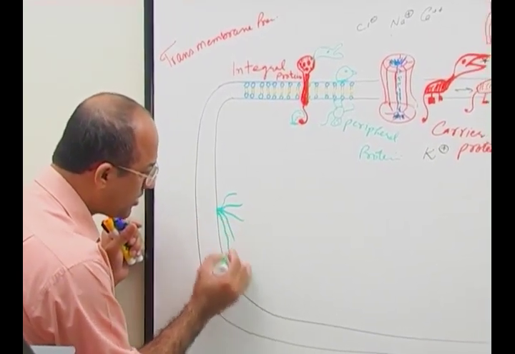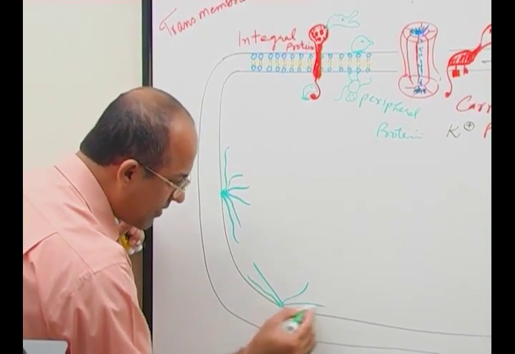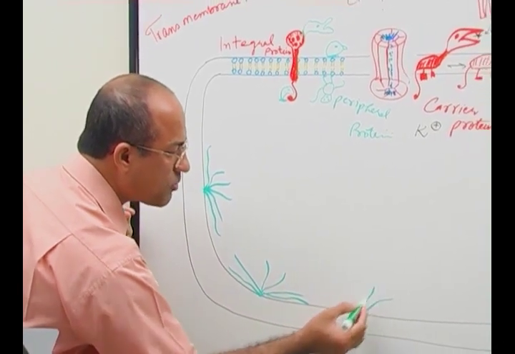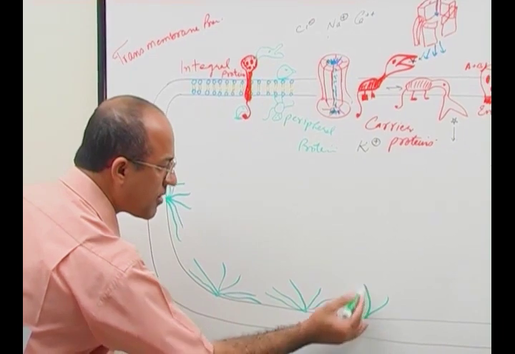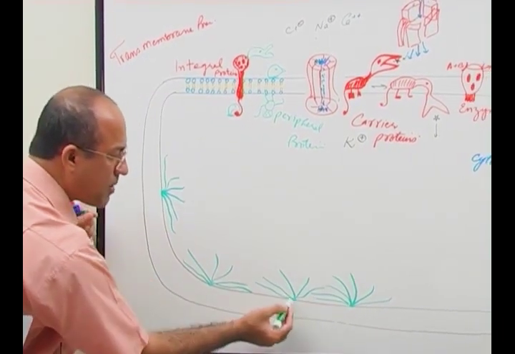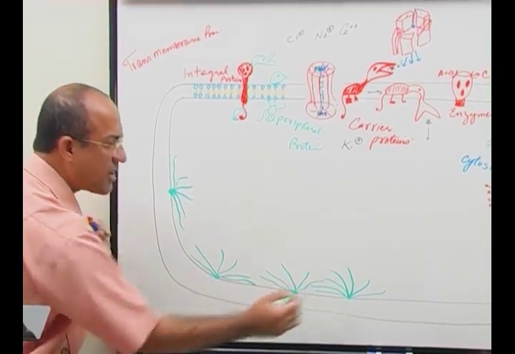Sometimes, look here, inside the cell, at this point, some proteins are attached like this, right? Or here are some proteins, and they are stabilizing the structures of the cell. Now these protein filaments are attached to the internal aspect of the cell. Are they transmembrane, integral, or peripheral proteins? They are peripheral proteins.